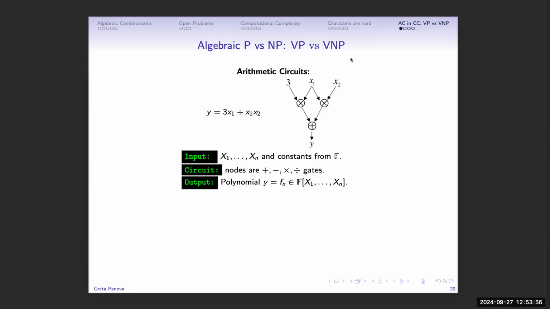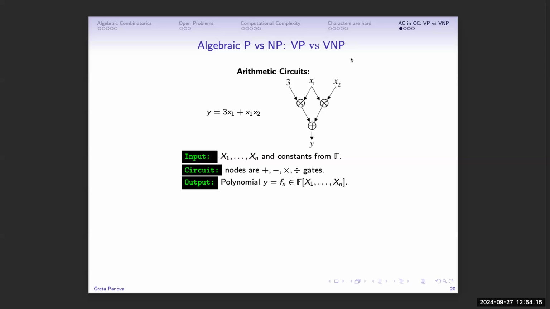In this case, I've drawn what's called a circuit, which is like a directed graph. At every vertex, you have a bunch of inputs, and then the output is passed on to some other nodes afterwards.